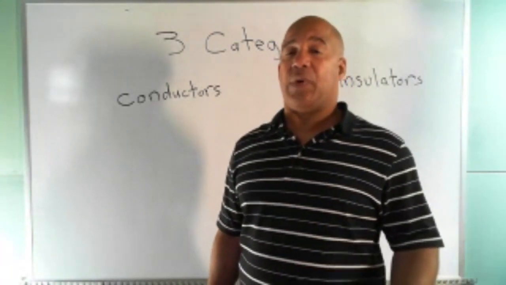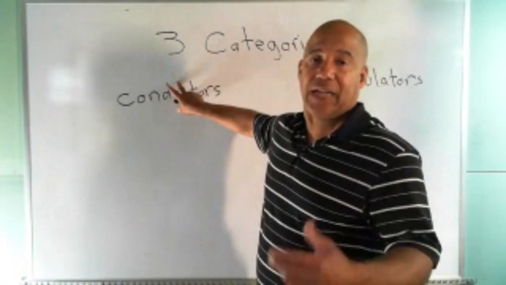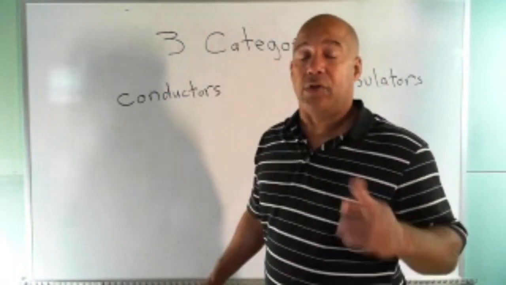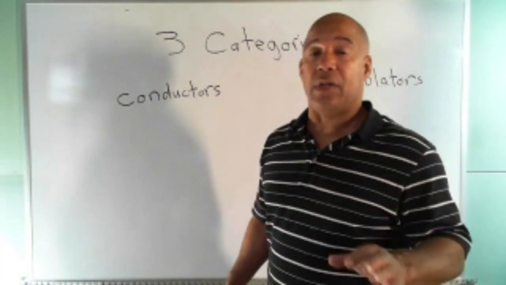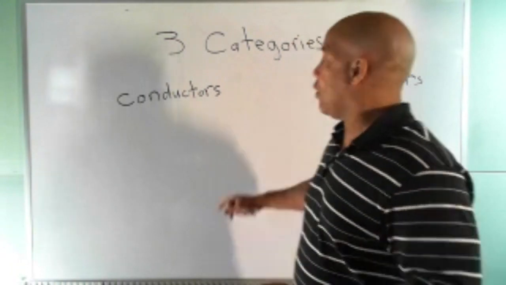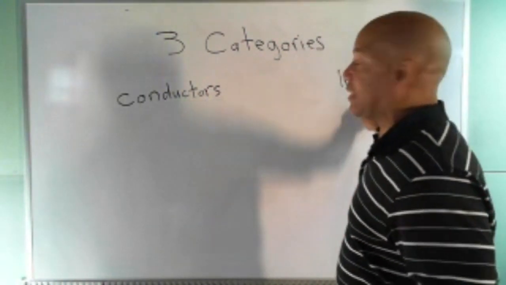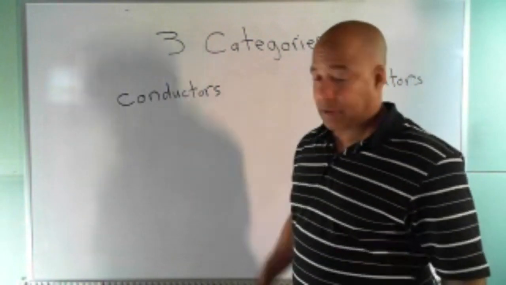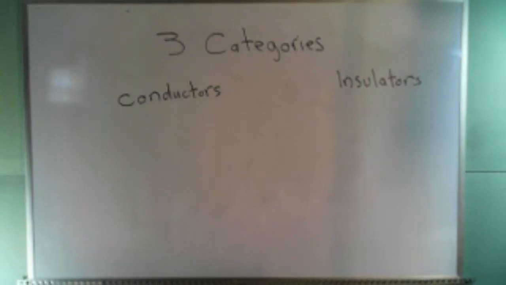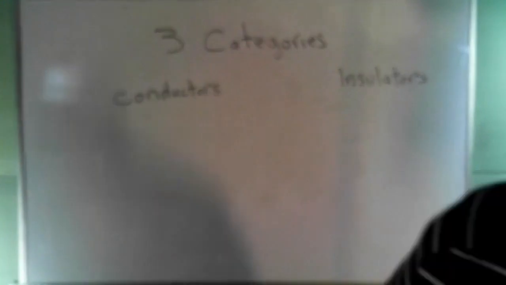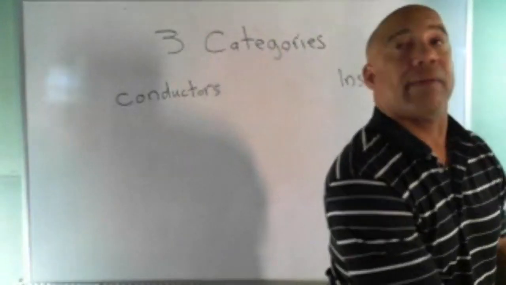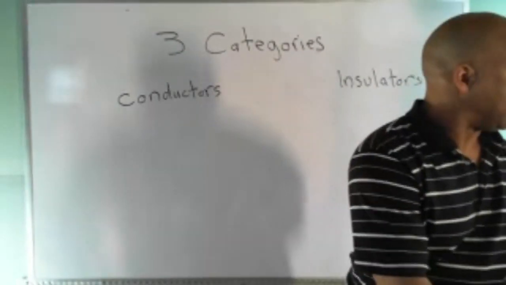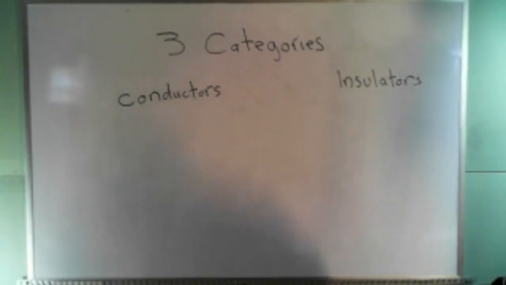Usually when you're using a conductor for electrical purposes, you don't use a conductor by itself. Usually you use conductors and insulators together. So you might have a wire, like I got an extension cord. Let me see if I can show you the extension cord.